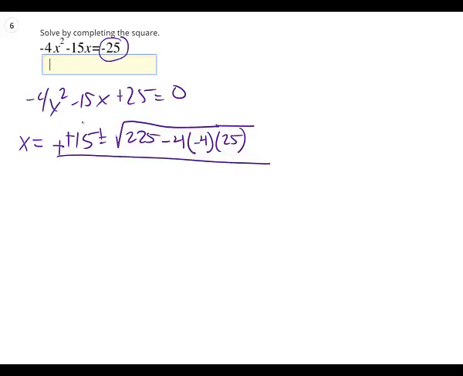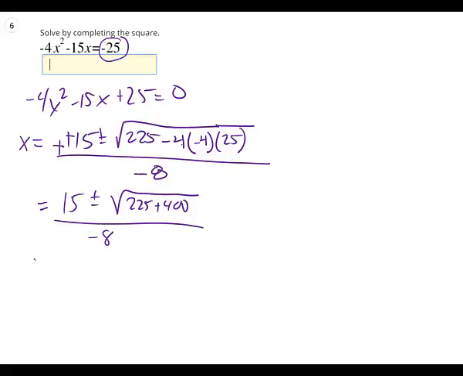All over 2 times negative 4, which is really negative 8. Okay, let's see what happens here. So we've got 15 plus or minus the square root of 4 times 25 is 100, isn't it? So it's going to be 400 back there, and it's going to be a positive 400. Everybody okay with that? Yeah.